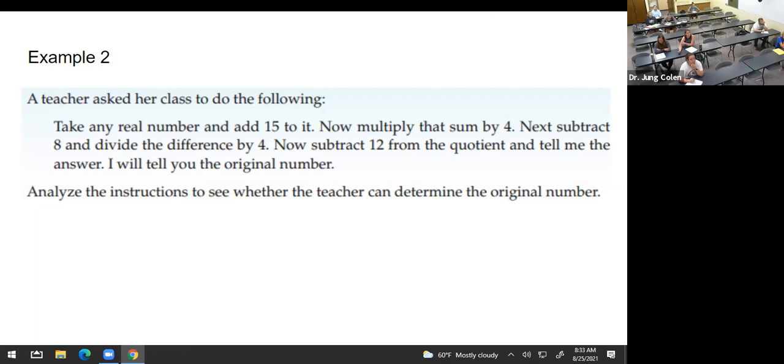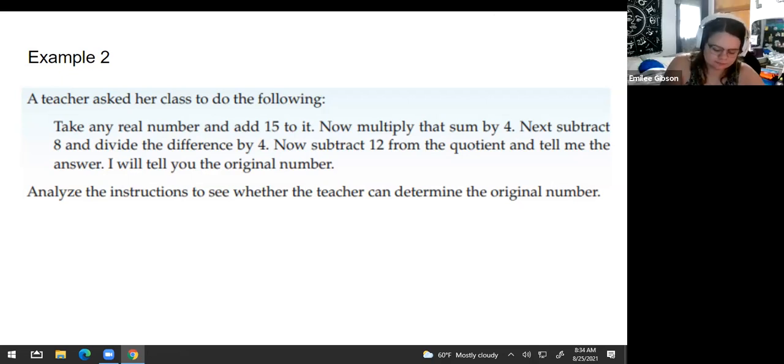Eight. Okay, that's her result. Let me guess what her number is. Was your original number 7? Yes. Yay! I got it. How about Madison's? What's your result? 4?